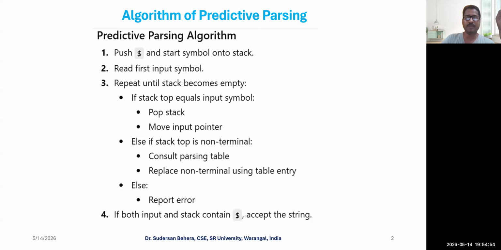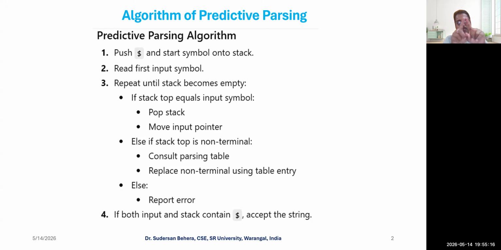The first pointer points to the input buffer. It scans one input symbol, and input symbols are always terminals. It scans one input symbol which is a terminal, and simultaneously it scans the stack symbol on the top of the stack.